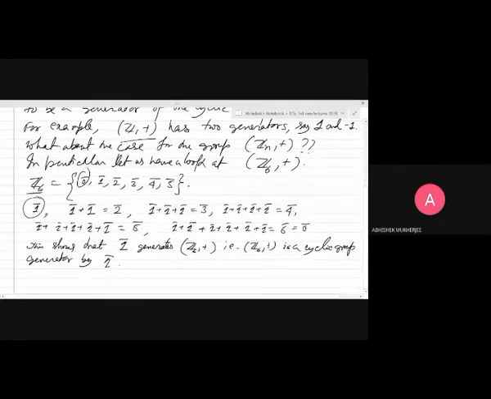But does there exist any other generator of this group except 1 class? Does it have any other generator? Can you guess?